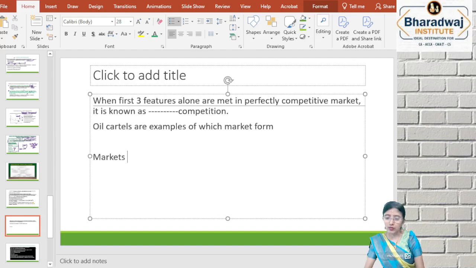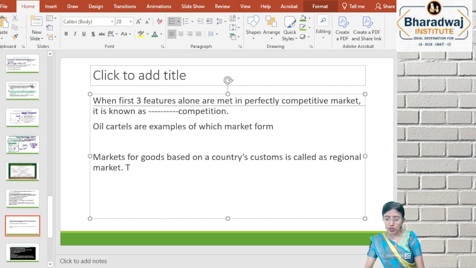Markets for goods based on a country's customs is called as regional market.